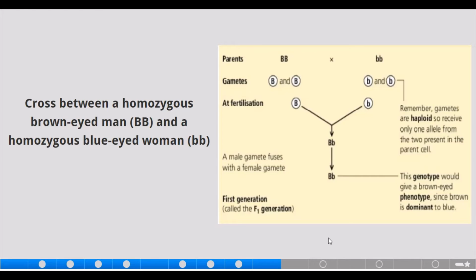So the outcome of their offspring is the heterozygous Bb, where the brown eye is dominant. So this genotype would give a brown-eyed offspring, while the phenotype, that is the observable trait or feature seen, is brown with a recessive blue.